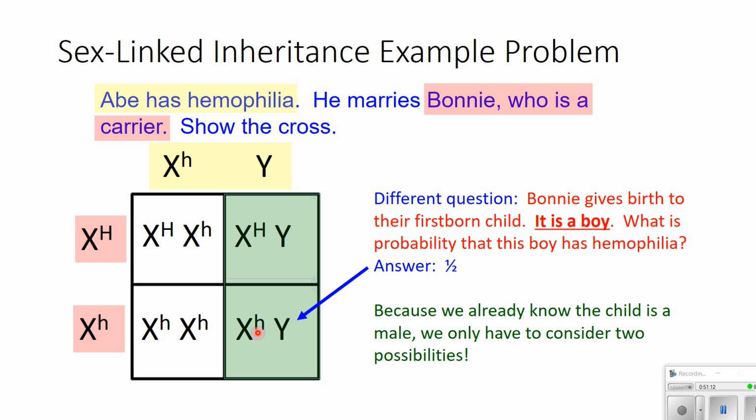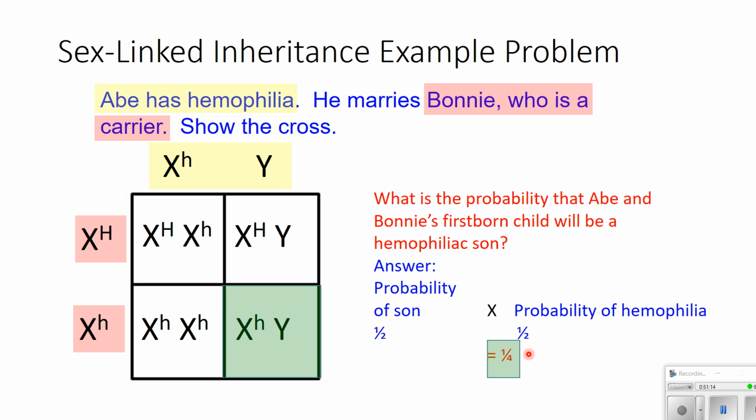That exact same Punnett square gave us a 1 out of 4 probability before. The difference is the way the problem was worded. See, this is future tense. What is the probability that their firstborn child will be? Kid hasn't been born yet. So we don't even know if it's a boy, might be a girl.